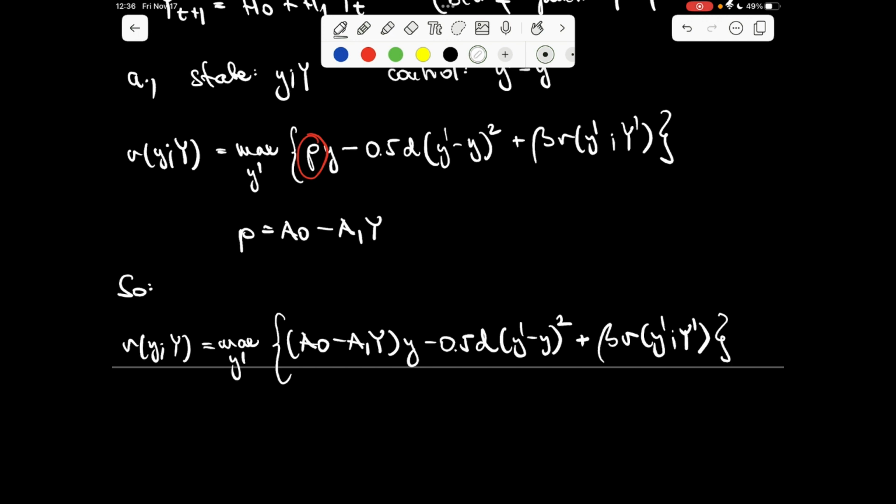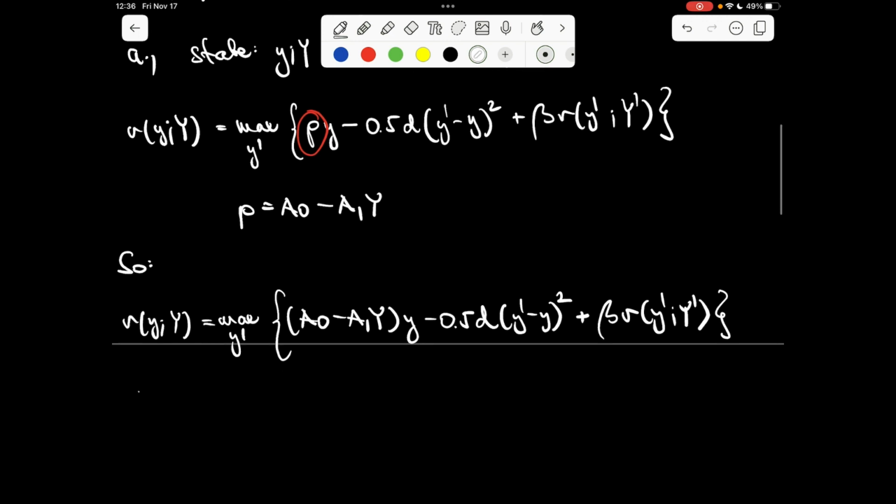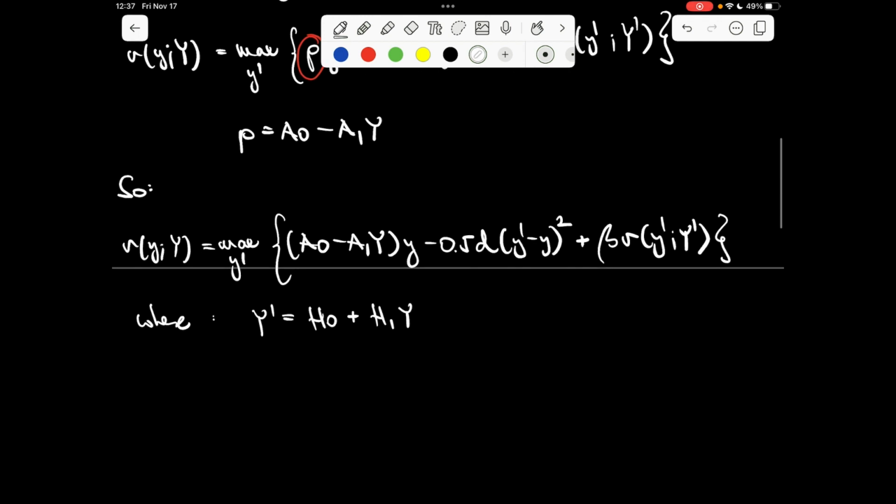This is the Bellman equation where the firm believes that this process describes the dynamics of the exogenous state.